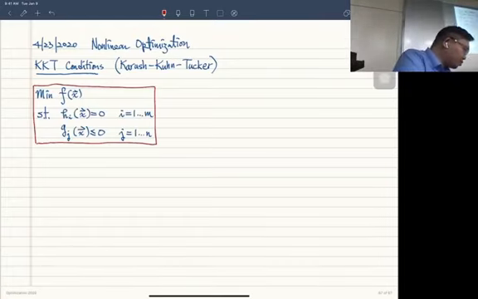This is my d vector. On the right hand side, basically a dot product. The only difference is that this term becomes the d vector.